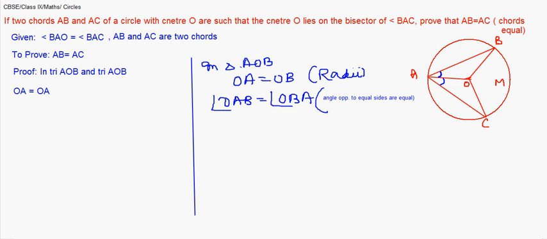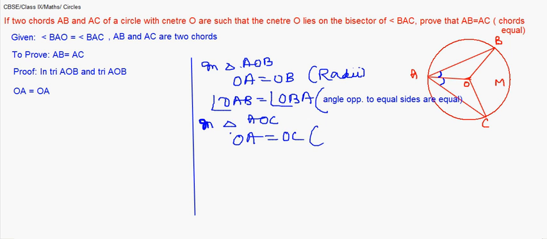Similarly, look at the other triangle, that is AOC. Again, OA is equal to OC for the same reason, that they both are radii.